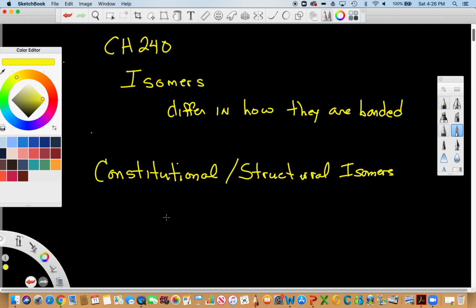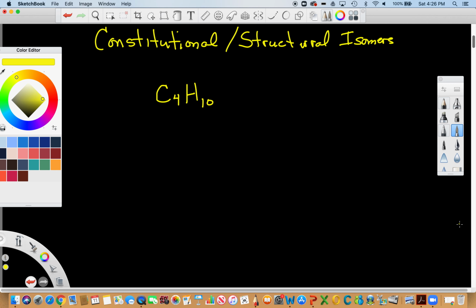An example would be if I had C4H10. As an example, I'm going to draw them out this way. So this is C4H10.